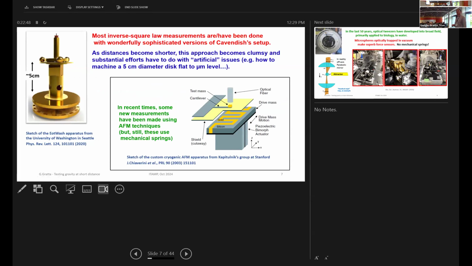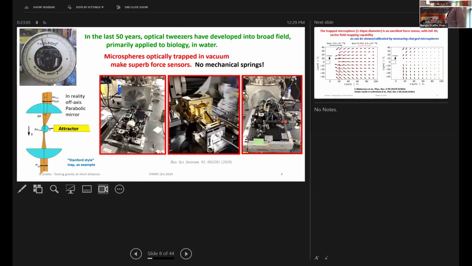But generally, the torsion balance, which is still one of the dominant tools, is some sort of bulky object. And so the hope is that when you're going to such short distances, everything scales together with distance. And so that's where we are now.